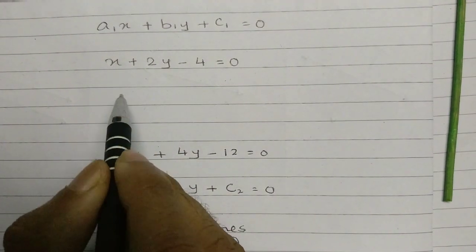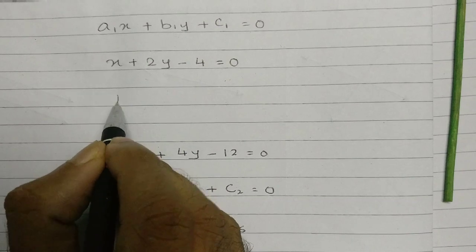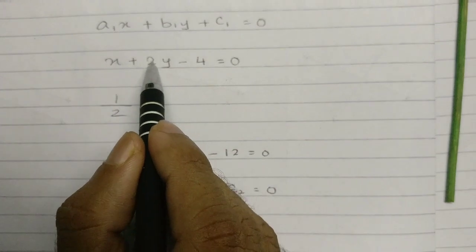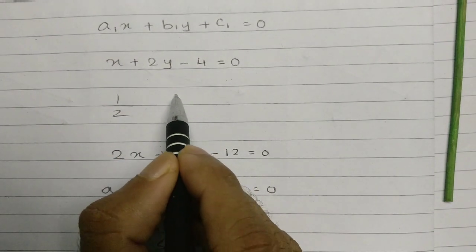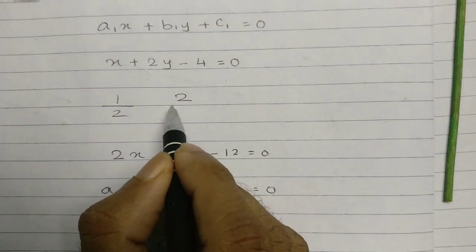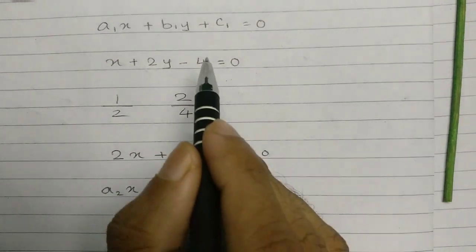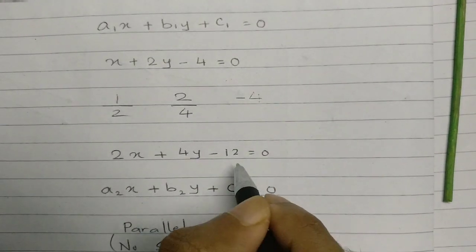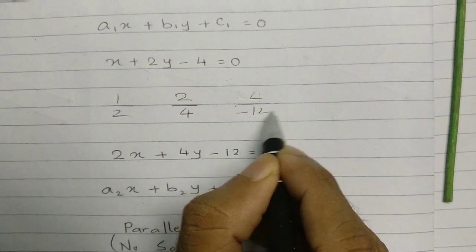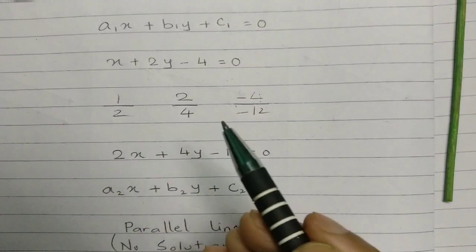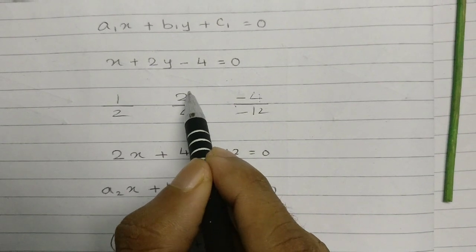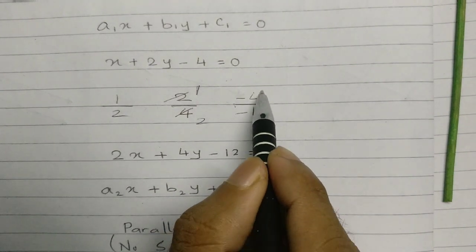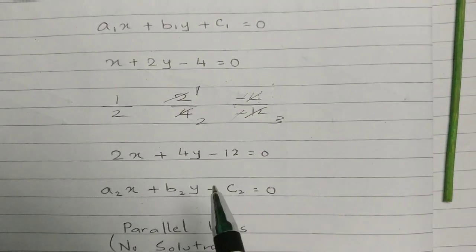So here my a1 is 1, a2 is 2, b1 is 2, b2 is 4, c1 is minus 4 and c2 is minus 12. I can't further divide this, but I can do over here, which will be 1 upon 2, and 2 upon 4 is 1 upon 2. And minus 4 upon minus 12, negative and negative cancel, so 1 upon 3.